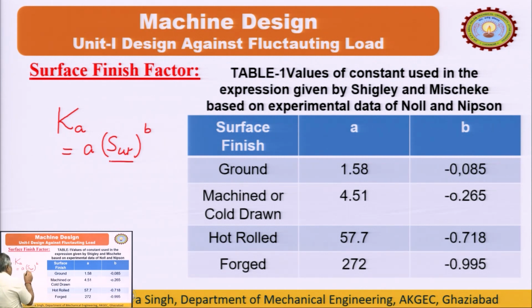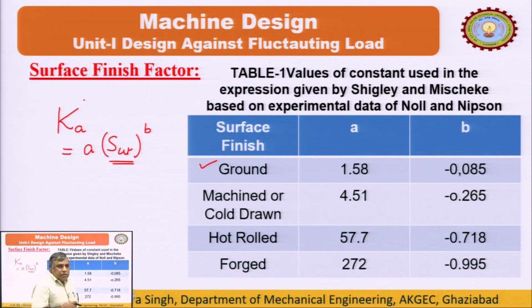If SUT is known, we can decide the value of the surface finish factor, and we will use that factor to modify the endurance limit. For deciding the constants A and B, experimental data of Noll and Lipson is given by Shigley.